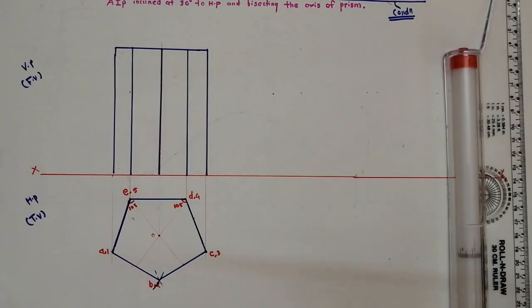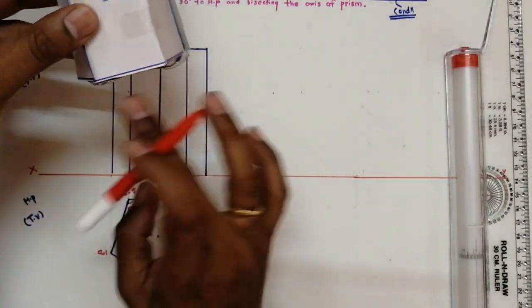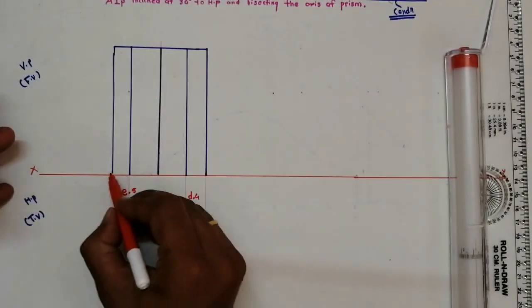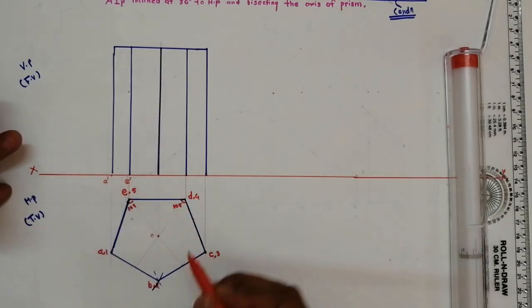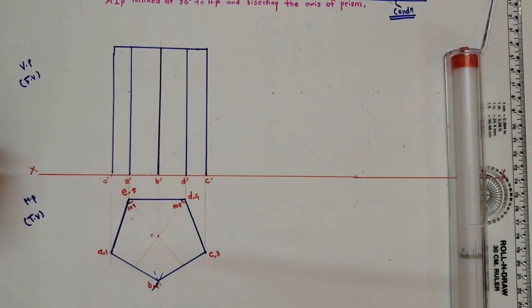So now we have to give the nomenclature also. For this bottom pentagon, in front view it looks like a straight line. So that straight line is here. This is A dash, then this is E dash, this is B dash, this is D dash, and this is C dash, okay.